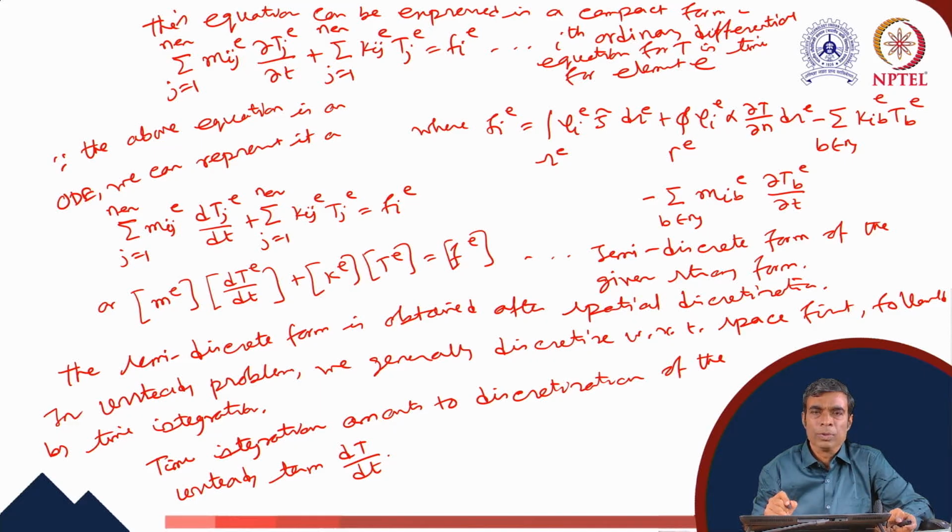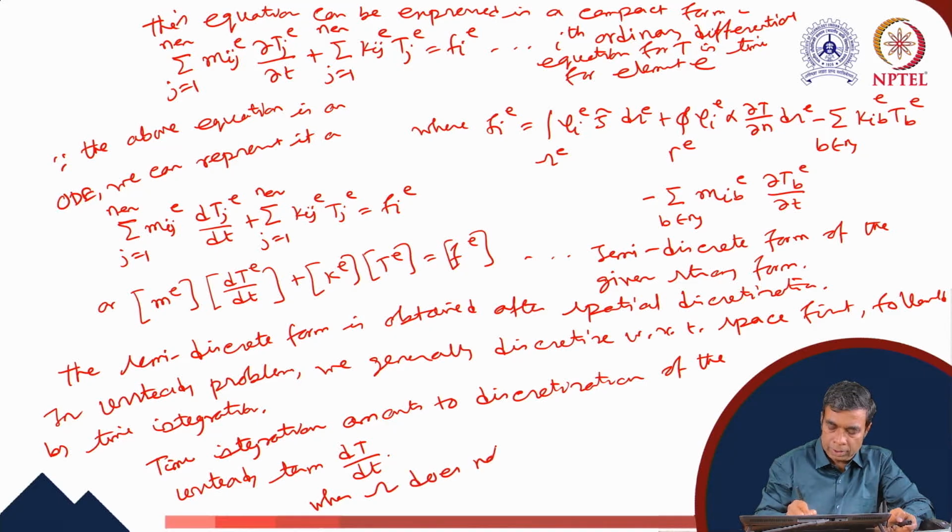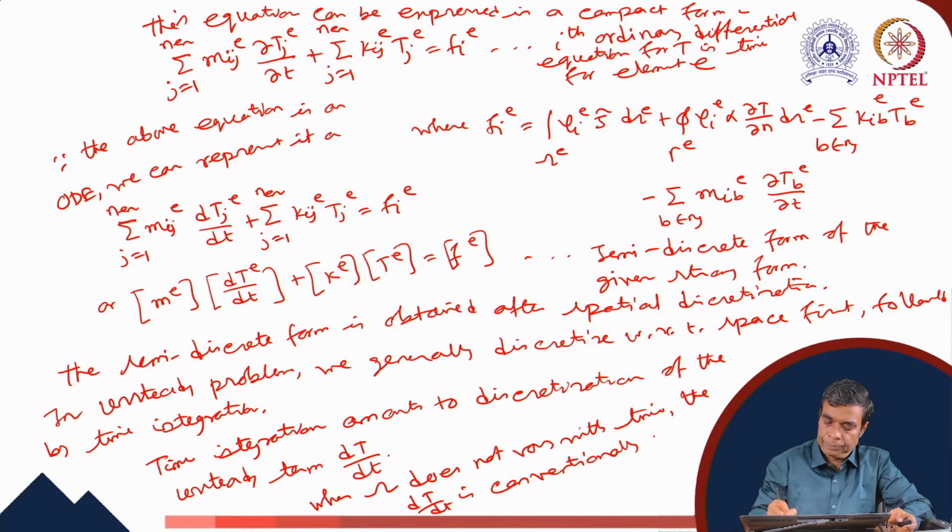So now we have the semi-discrete form of the governing equation. Here, if the computational domain is not changing with time, then this semi-discrete equation can be further simplified by using the finite difference method for the time derivative. When omega does not vary with time, the unsteady term dT/dt is conventionally discretized using FDM.